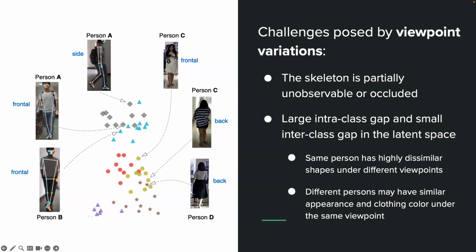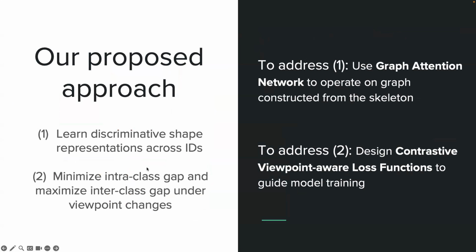In contrast, two different persons A and B under the same frontal viewpoint have similar shape, leading to close feature embeddings in the latent space. A similar problem also happens to appearance. So, to deal with the first problem, we propose to use a graph attention network that operates on a graph constructed from the skeleton.